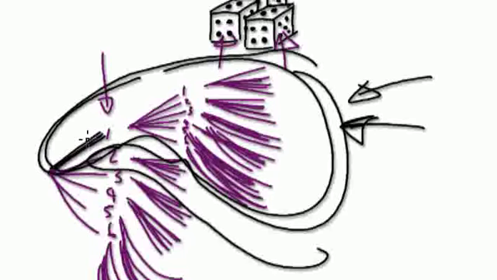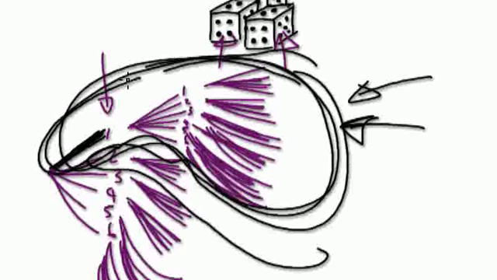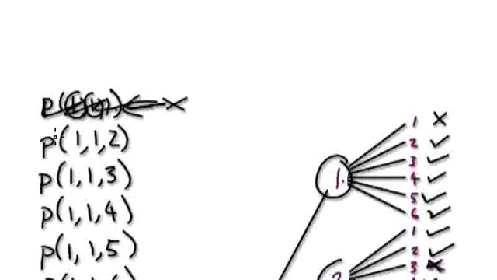So going back to our original diagram, if we get a 1 on the first go, we have in effect covered the whole branch here. So just by counting the number of branches that lead to a good outcome, let's count these now.